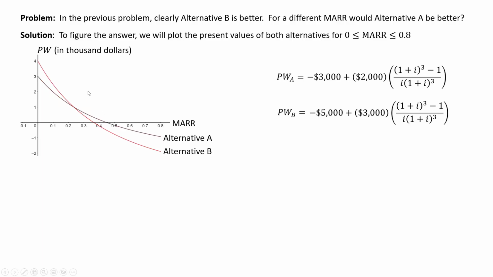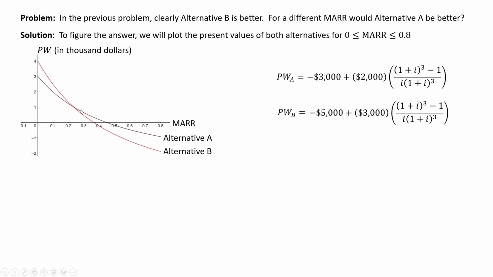That is something we can clearly see. So for a different MARR, the answer is yes. For a minimum attractive rate of return greater than 0.23, definitely alternative A is better than B. Cool. But just a small word of caution. I said for i greater than 0.23, alternative A is better.